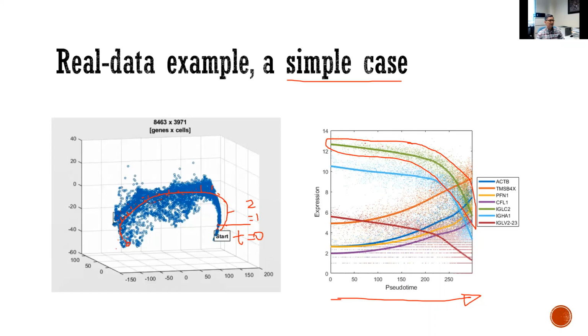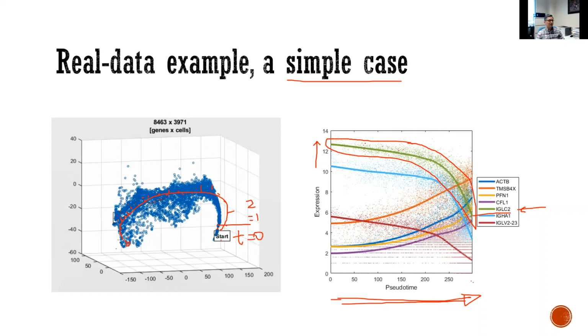The green cells are all the cells arranged by their pseudotime, and also by the expression level of the green gene, which is IGLC2. You can see that from time 0 to time over 250, 300 or so, the expression level of the green gene decreases.